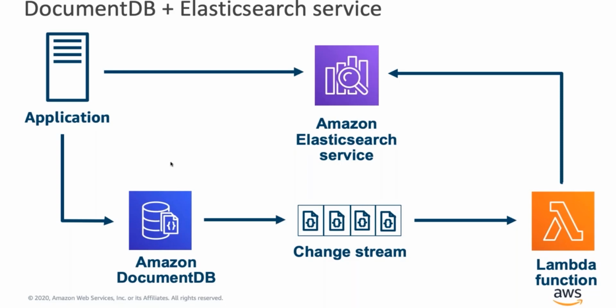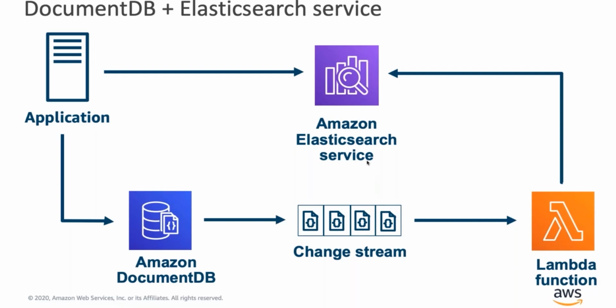So for instance, in this example, I have an application, and let's just say my application is writing a bunch of JSON documents, which are tweets, to my DocumentDB cluster. Any insert, update, or delete is captured in a change stream. Once that event is captured in the change stream, I have a Lambda function that periodically runs and takes those events from that change stream and pushes them down to an Elasticsearch service index.